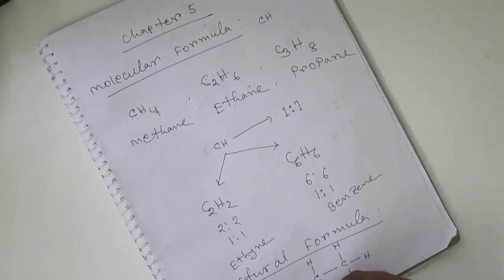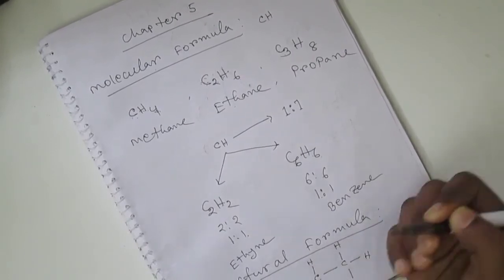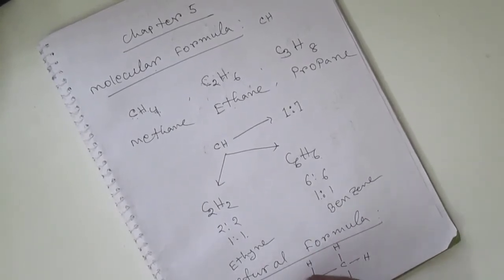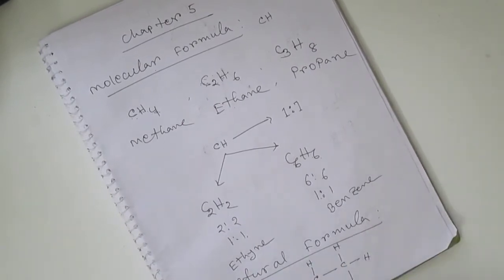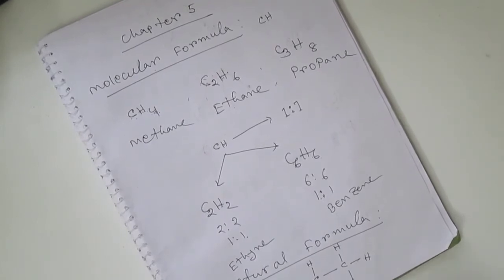You know the valency of carbon is 4: 1 2 3 4. The valency of hydrogen is 1 for each hydrogen atom. That means in case of structural formula, its structure is given. How this carbon makes a bond with each hydrogen atom must be given, and this type of bonding is formed by its valency.